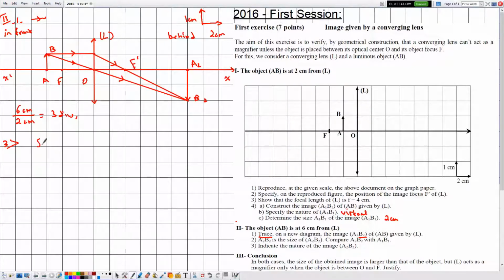Let's say that since the object AB and the image A2B2 are on opposite sides, then the image A2B2 is real.